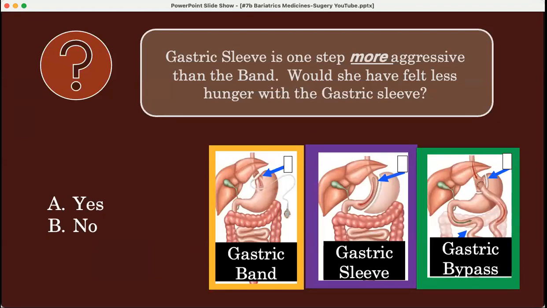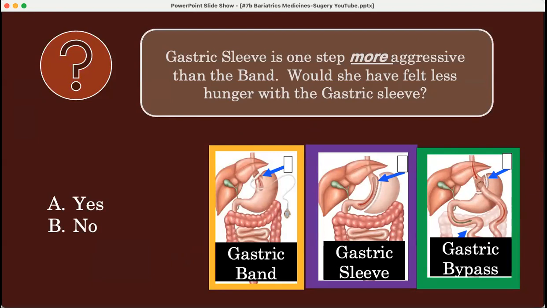This is showing the 3 different forms, or an example of, there's a couple others since this, but gastric banding is what she had. And then beyond the gastric banding is called a gastric sleeve, where they create a stomach about the size of a banana.